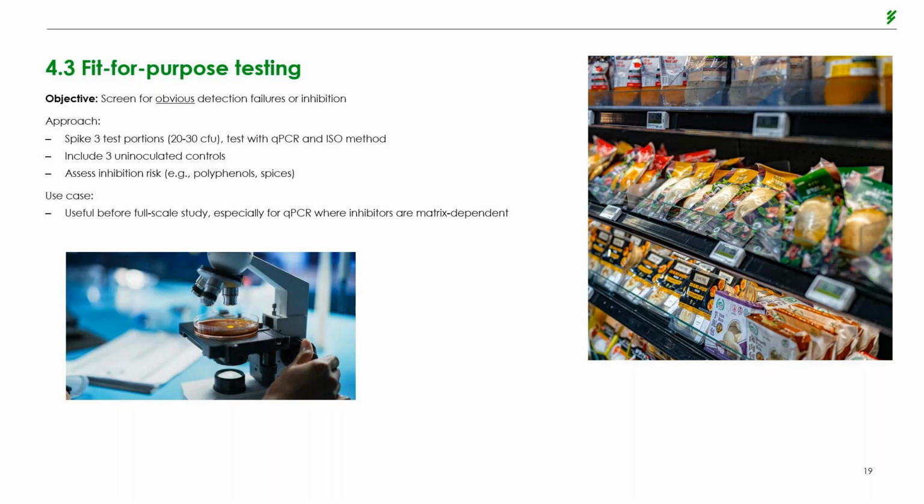We know that some herbs and spices may have antimicrobial or even just bacteriostatic properties, which would prevent the microorganism, the pathogen, from growing properly during enrichment. Also, fit-for-purpose tests show that the method is suitable for detecting the microorganism, just in conclusion.